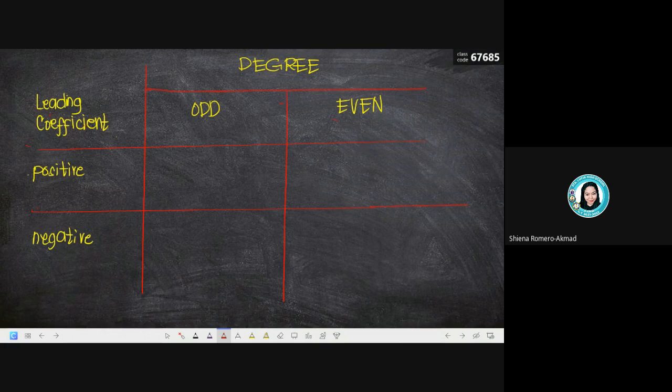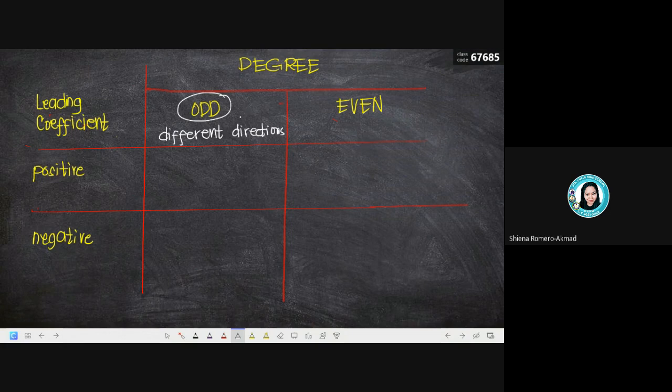So, 'pag positive ang LC at odd naman yung degree, all you have to remember is that kapag odd, different directions. Different directions nung left and right tail.